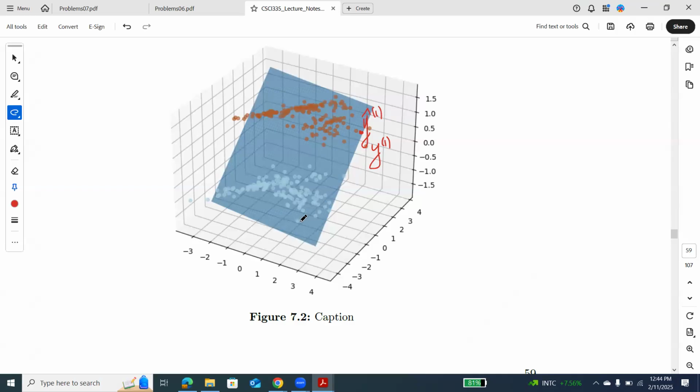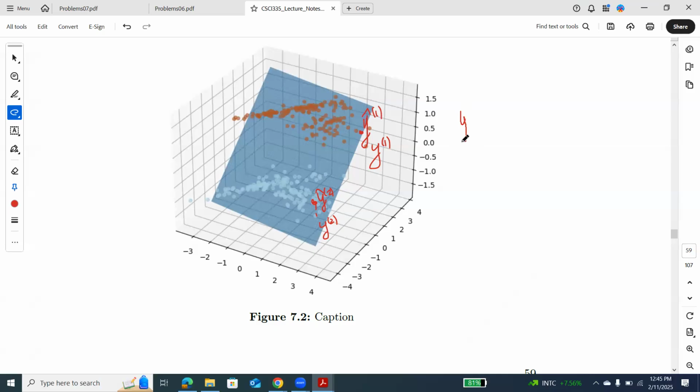For example, for the negative class, we have 1 point here. It will be, for example, y2, but the prediction will lie on this plane somewhere here, and this will be y2 hat. So how to organize the classification?